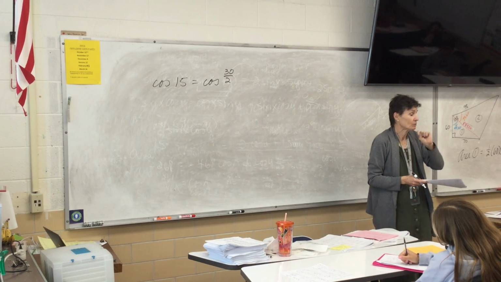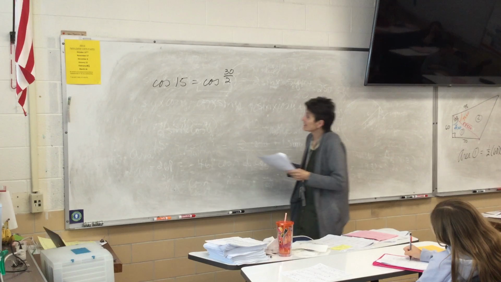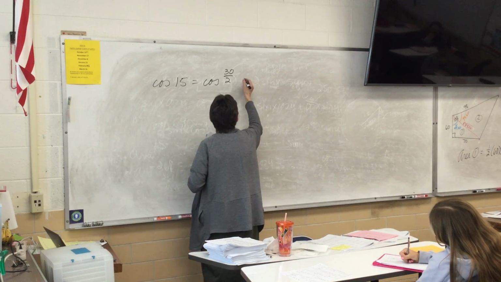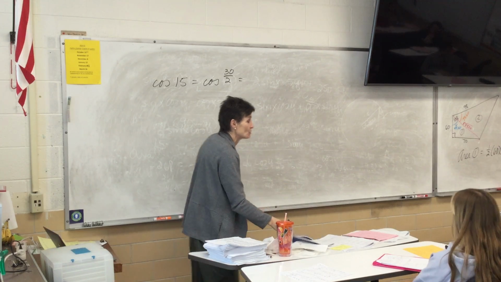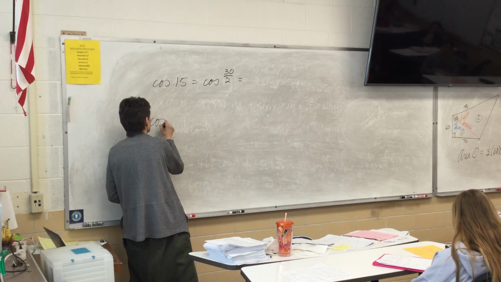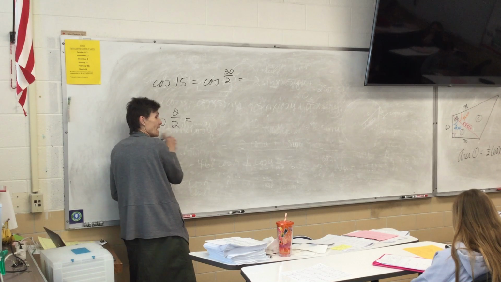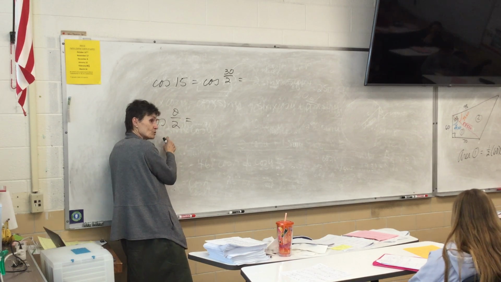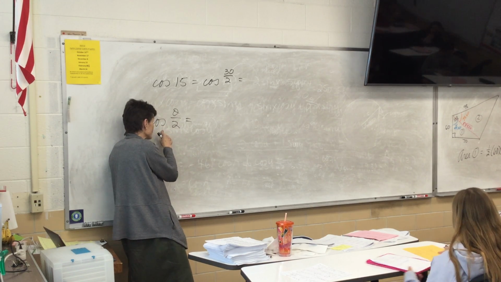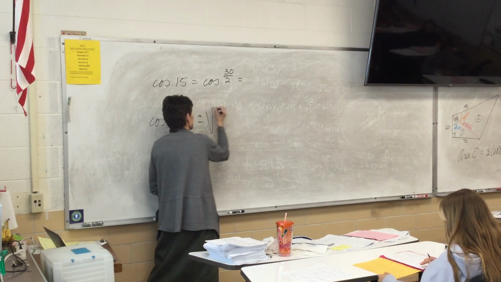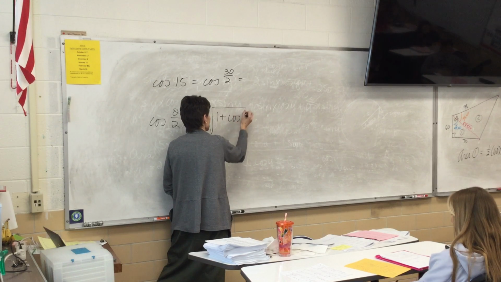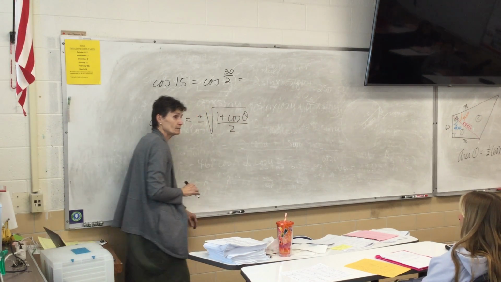It's half of 30. And when we think about it that way, then we use our half angle formula on your sheet, which says the cosine of half an angle, find that formula on your sheet. This is the cosine of half an angle, is plus or minus the square root of 1 plus the cosine of theta over 2.